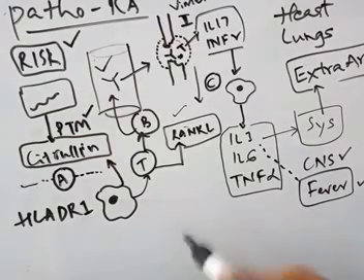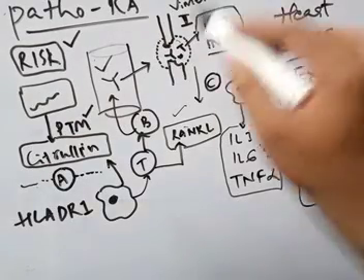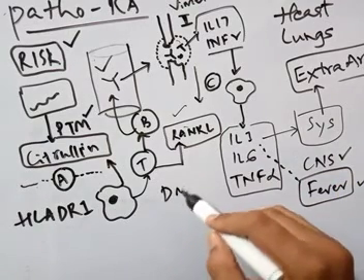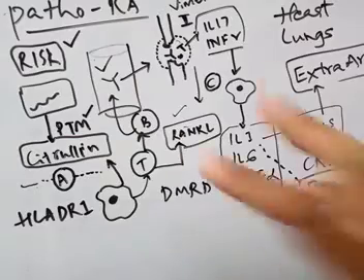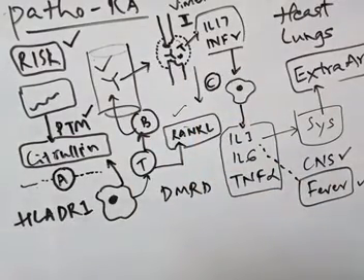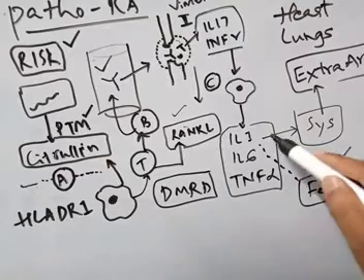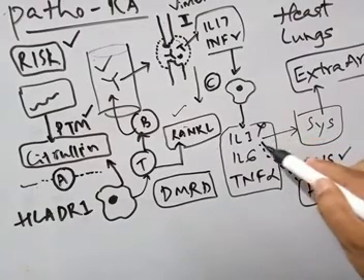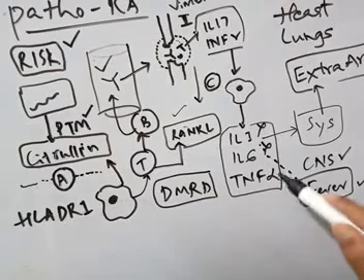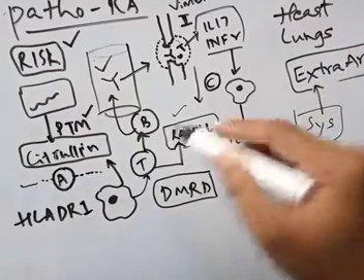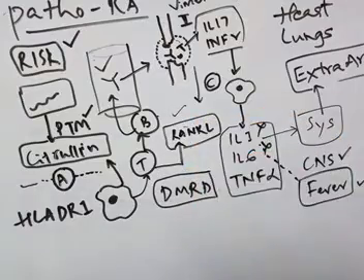The treatment is completely based on this pathology. The first line of treatment is always DMARDs. There are three DMARDs: methotrexate, sulfasalazine, and hydroxychloroquine. Apart from that, we need to inhibit all these active players: interleukin 1, interleukin 6, TNF alpha inhibitors, interleukin 17 inhibitors, and T cell inhibitors and B cell inhibitors.